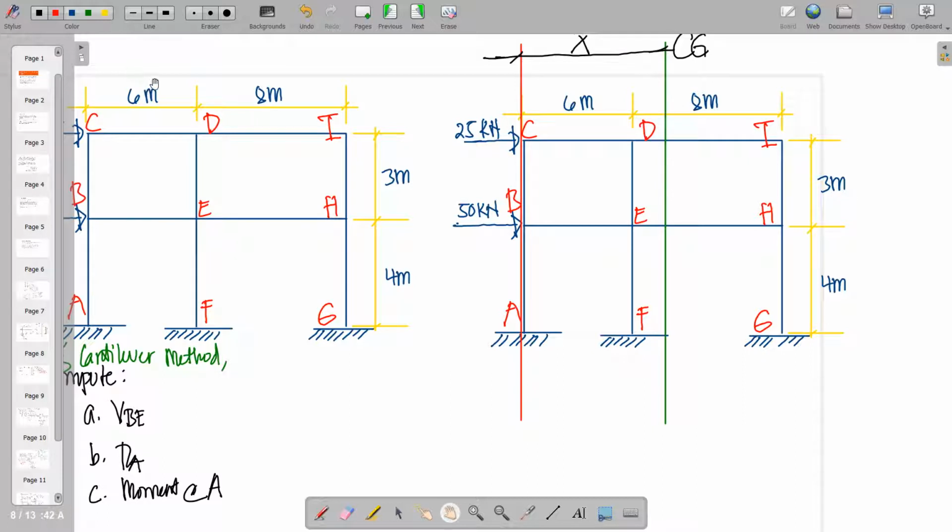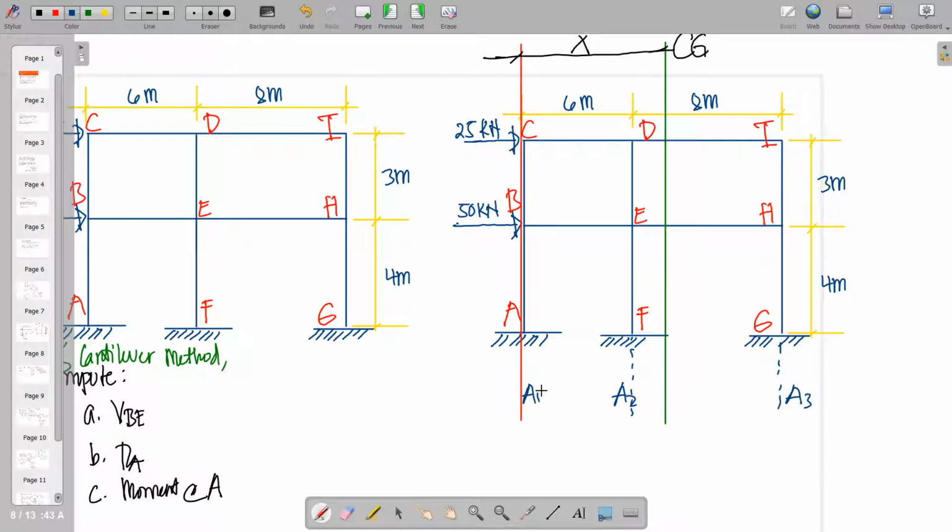So what we do is to delegate. This is area 1, this line is area 2, and this is area 3.